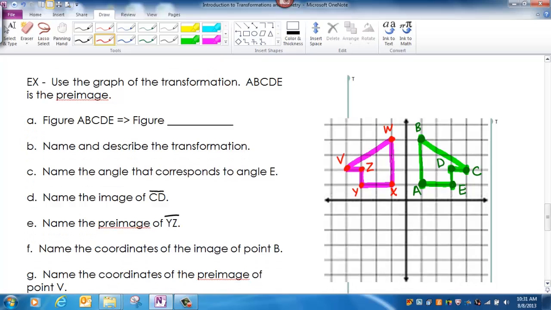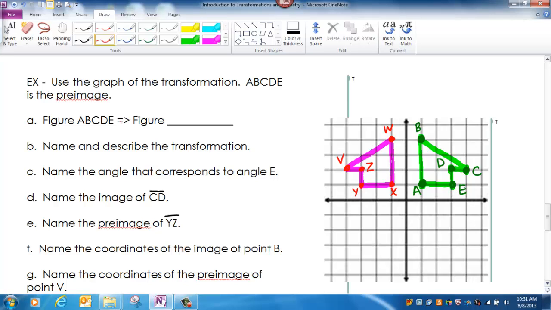Okay, so using the graph of this transformation, we have A, B, C, D, E. So this green geometric shape in the first quadrant, that is the pre-image. Here it says figure ABCDE. If that's the pre-image, what does that map onto for the image?